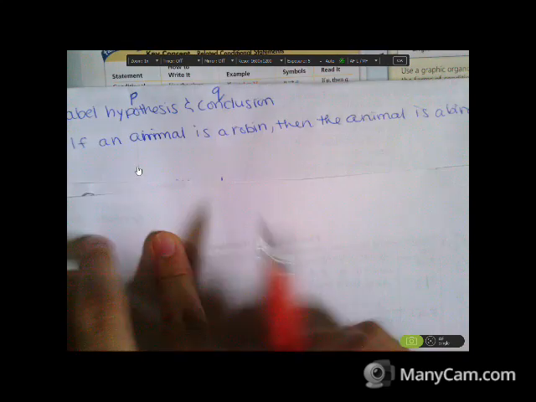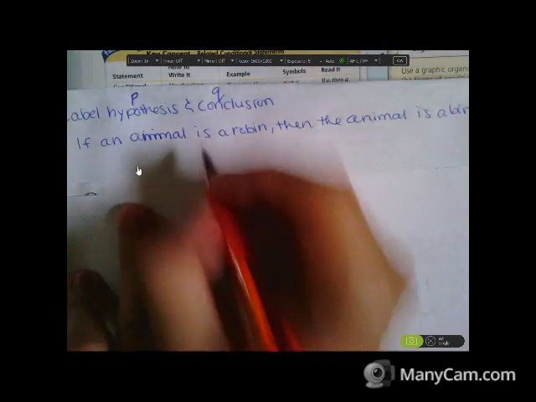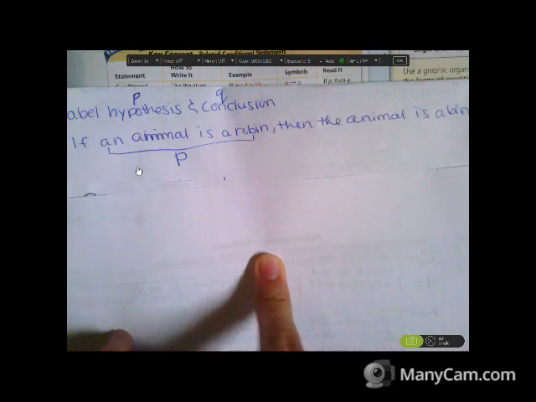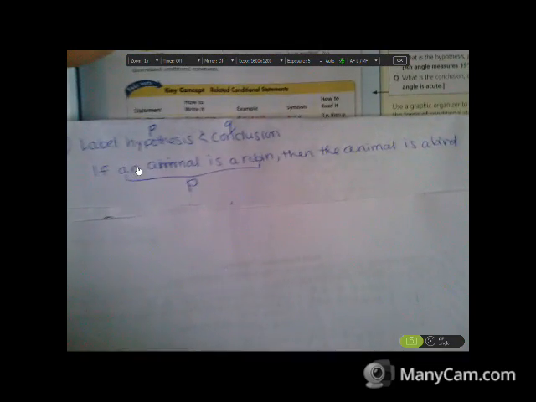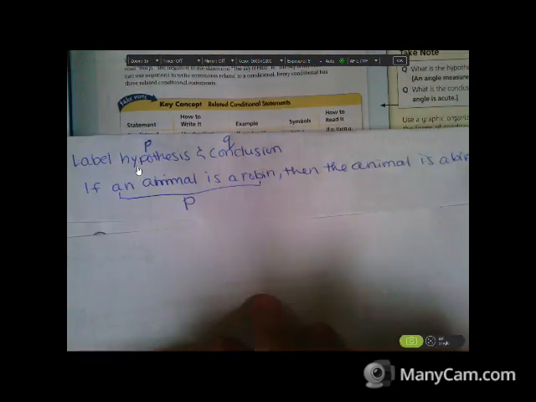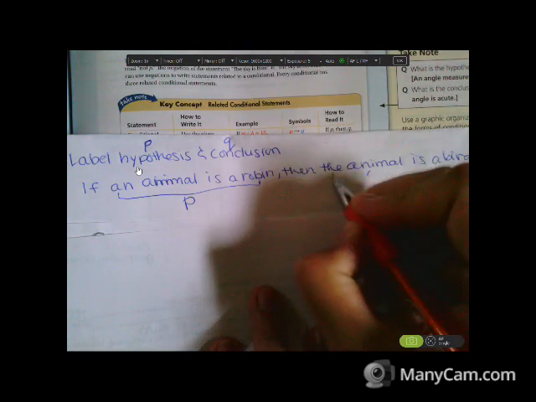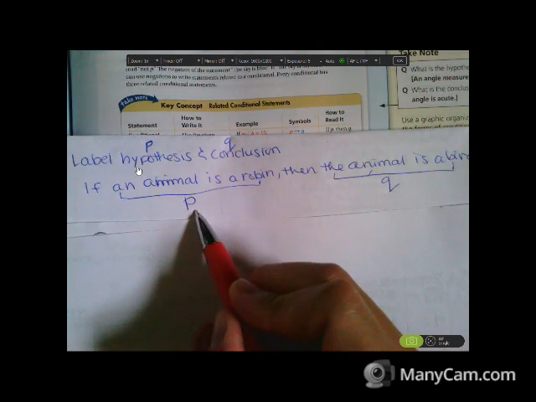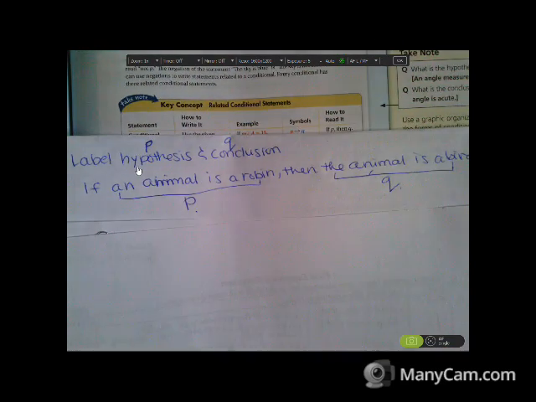If an animal is a robin, that's the beginning part. So this whole thing right here, that's your hypothesis. Then the animal is a bird is your conclusion. Hypothesis beginning, conclusion at the end. So why don't you try to got it?